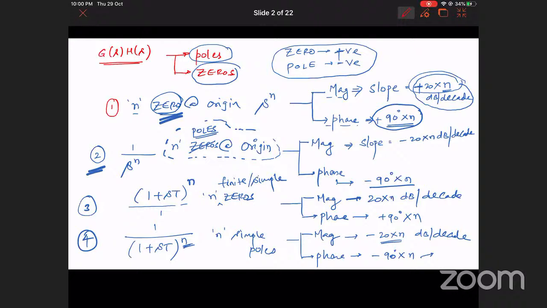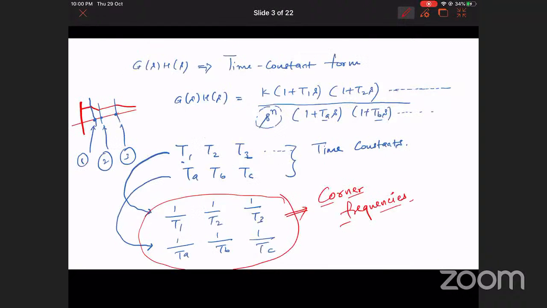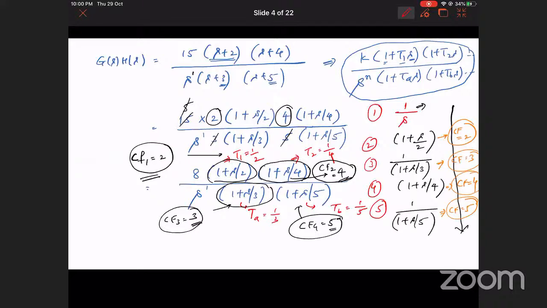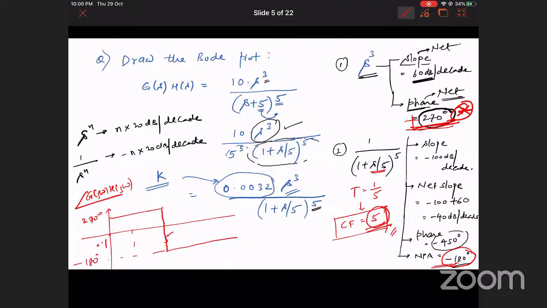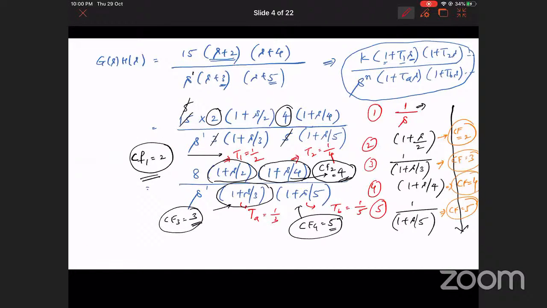Try to remember this. I'm sure you remember in the next problem I showed you how to arrange them in the sequence which is required. The sequence with which we arrange them is what we call the ascending sequence of corner frequency.